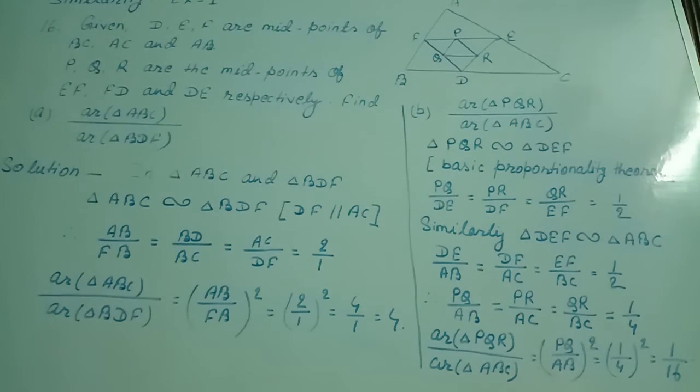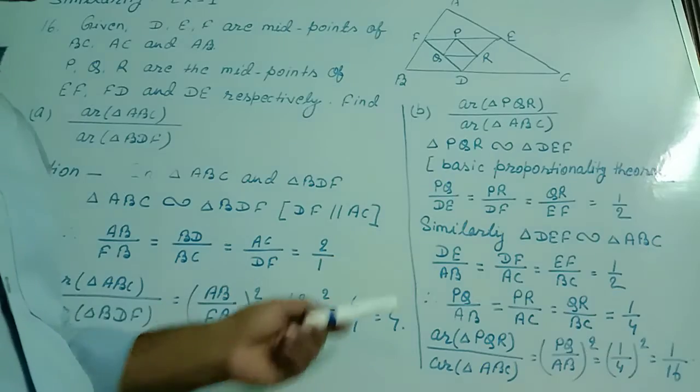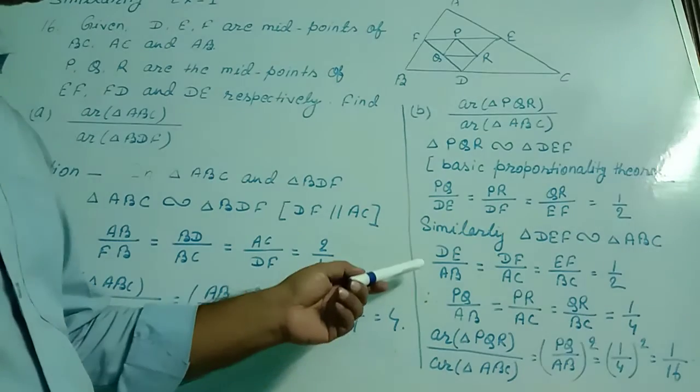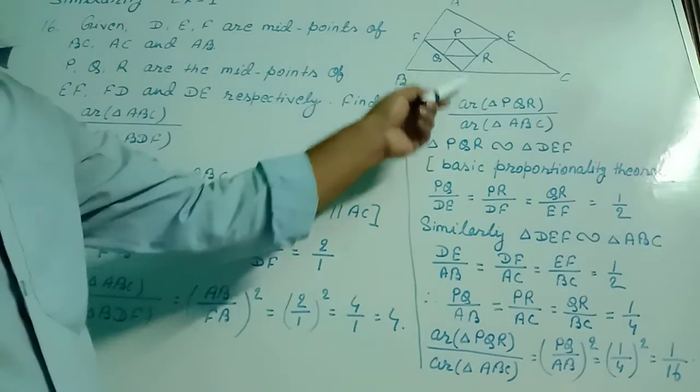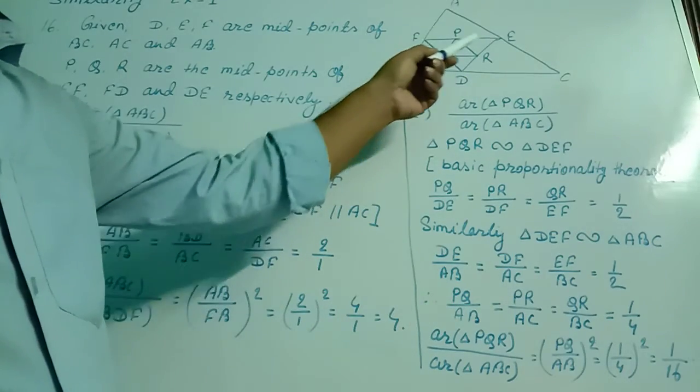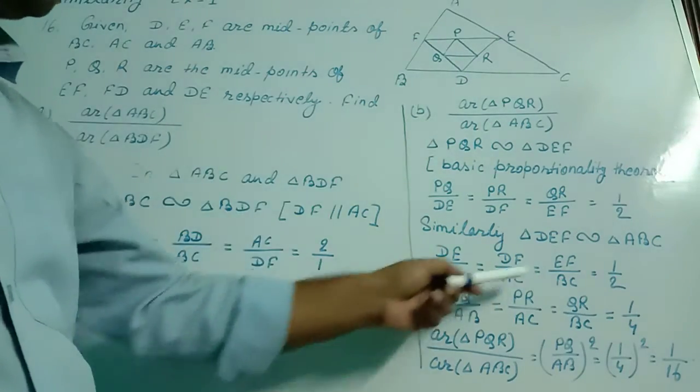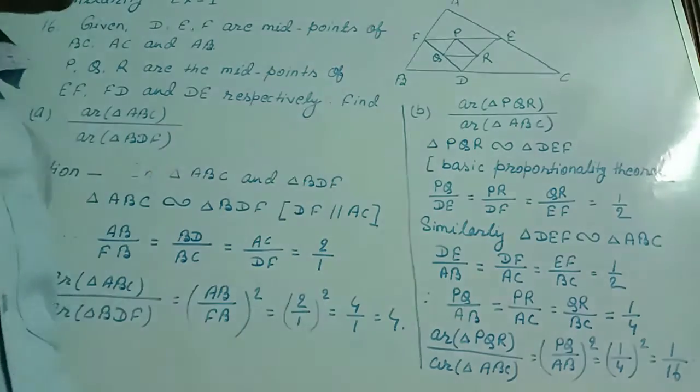Similarly, we can show that triangle DEF is similar to triangle ABC from basic proportionality theorem, and I wrote the ratio of the corresponding sides, that is DE by AB, DF by AC and EF by BC, that is also 1 by 2 because D, E, F are the midpoints.